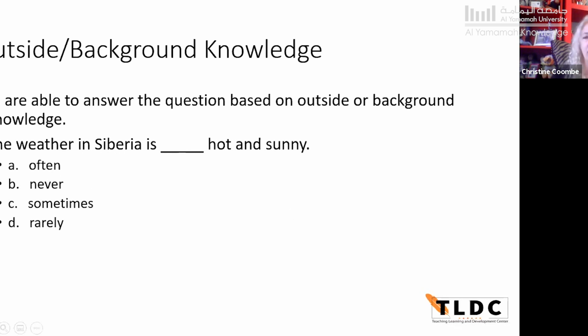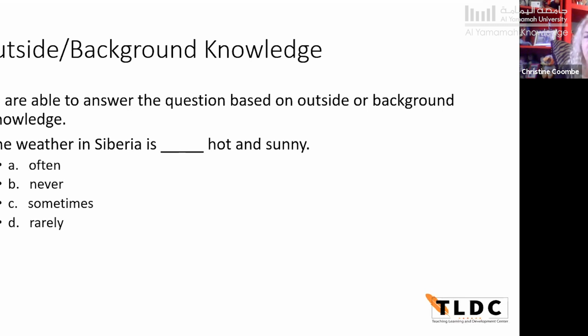Outside or background knowledge is also important in teaching. This is sometimes called schema theory. We want students, when they read, to actually activate their background knowledge to help them understand the text. But in a testing situation, we don't want students to be able to answer questions based on background knowledge. We want it to be based on comprehension.